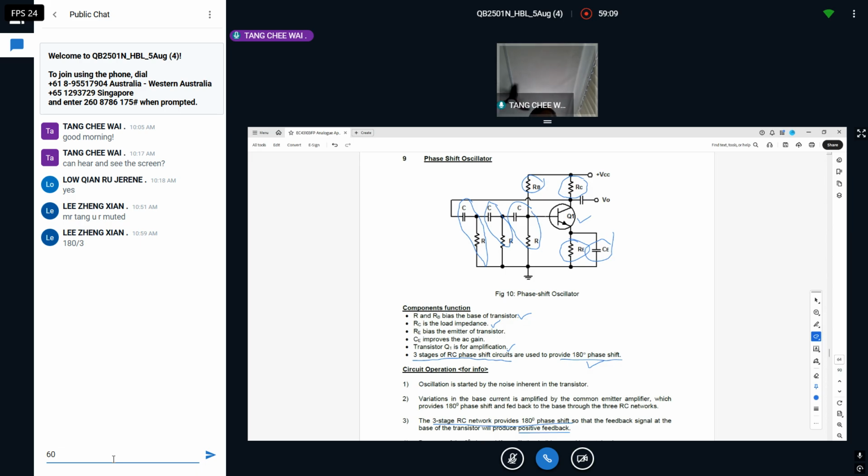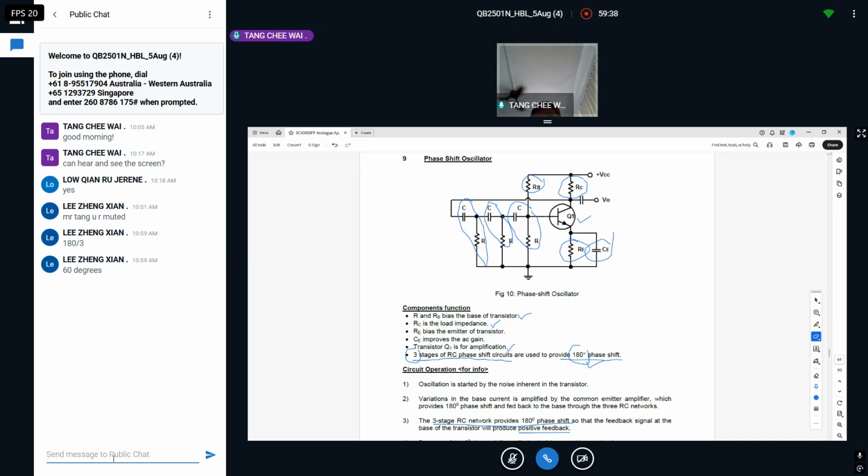Okay, just say 180 is for 3 stages. Yes, you're right. 180 divided by 3. Yes, correct. So you will get 60 degrees phase shift. Thank you very much for the answer. Okay, so he's correct. Let's go back to the part here. So 3 stages, so one stage will be 180 degrees divided by 3.